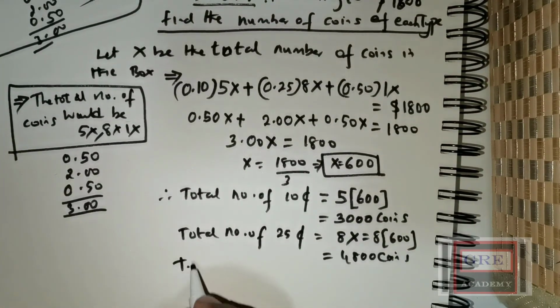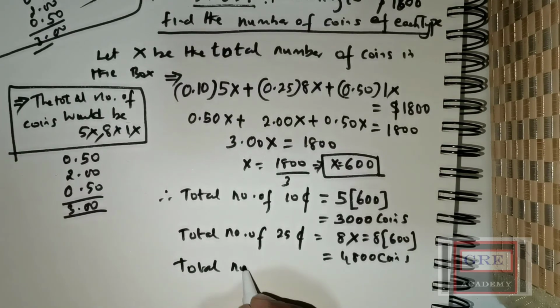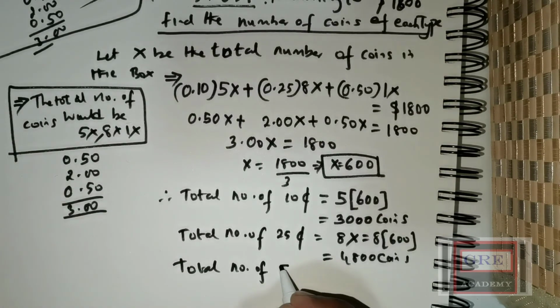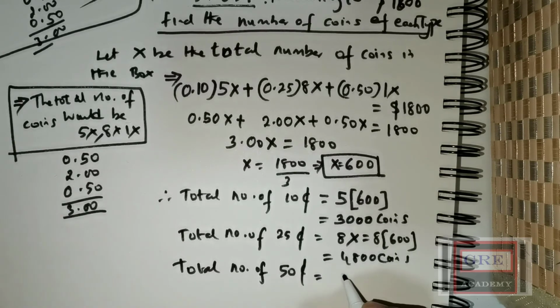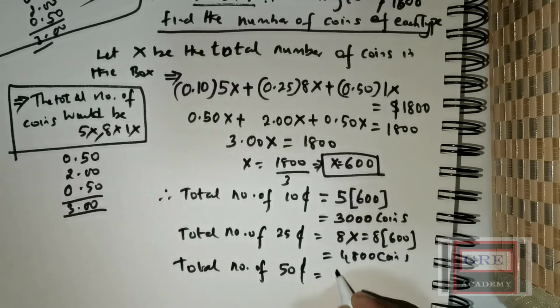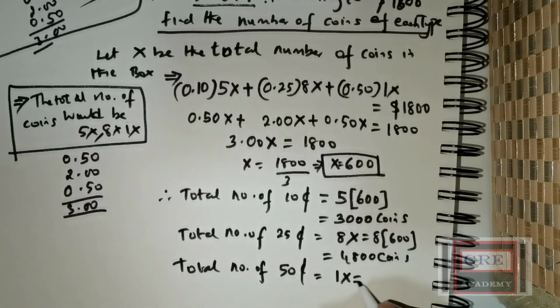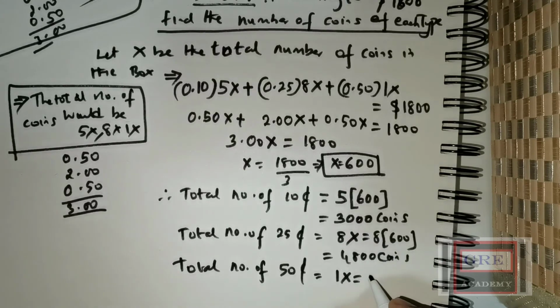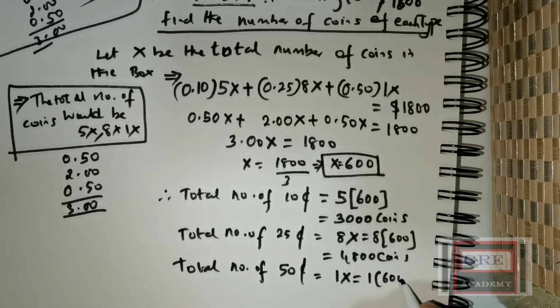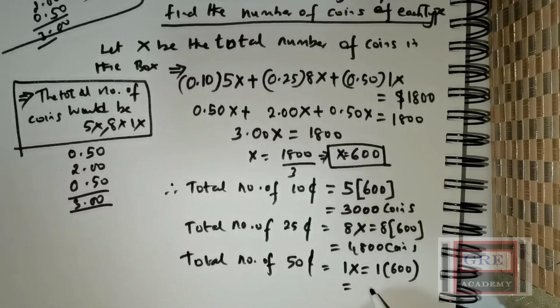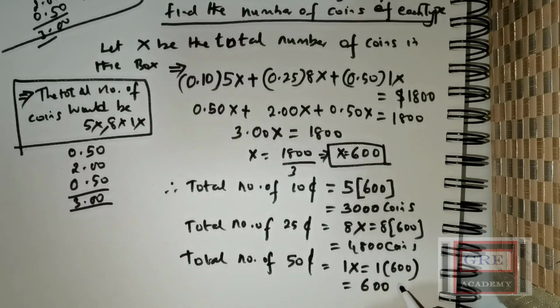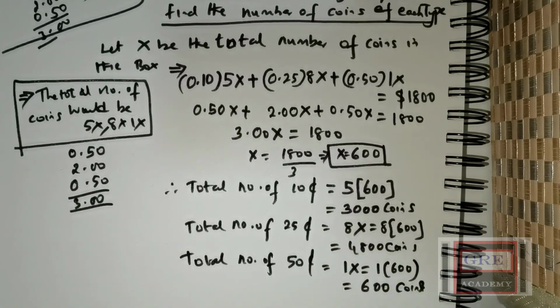So the total number of 50 cent coins is equal to 1 times x, which is 1 multiplied with 600, that is equal to 600 coins. Okay, so this is the solution for this question.